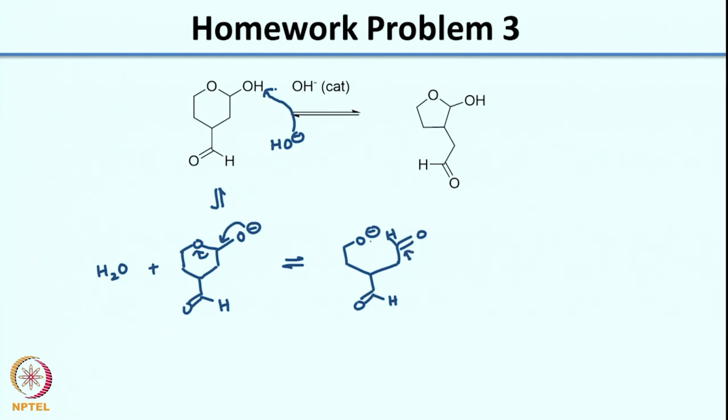But if your O minus goes to the other aldehyde, what you would end up getting would be... And of course the next step would be, now remember, do not show H plus here because your medium is basic.